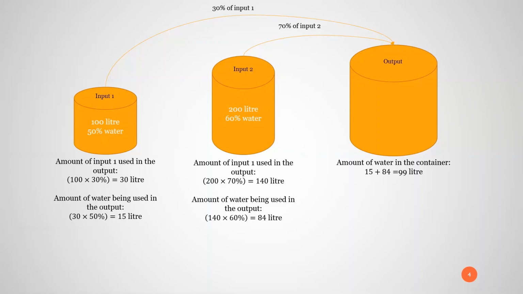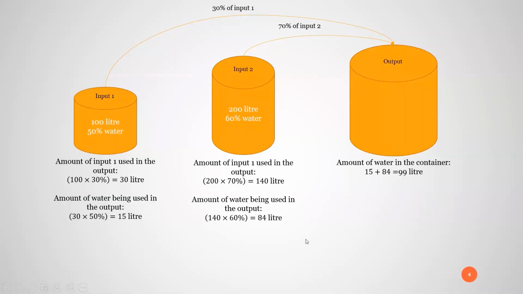So two things are important here: the total amount of each input and the portion of each input being mixed to produce the output. So this logic will help us to handle the mixing characteristic of this problem. So again, 90 liters of water in output, as you can see.